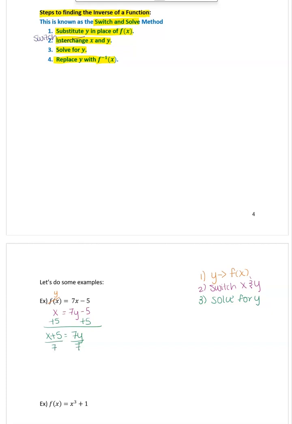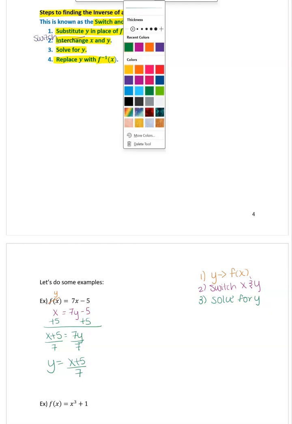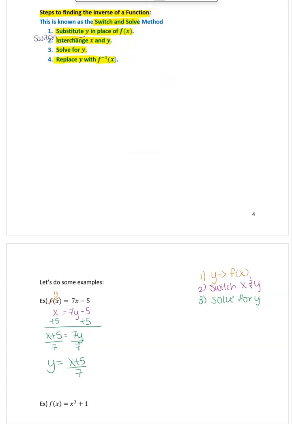Okay, what I see people do all the time is break this apart. Just leave it like that, yo. Y equals x plus 5 over 7. That is your answer, right? Except for now we have to do step 4. And what color do I want that in? Dark blue. So 4. Now we're going to put our f inverse of x in place of our y.